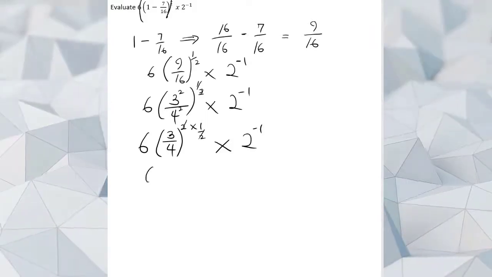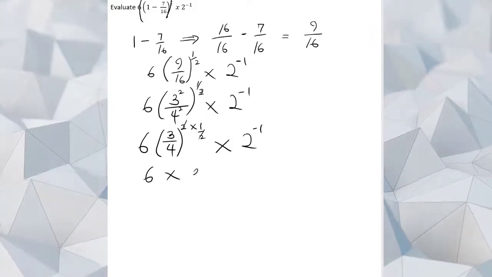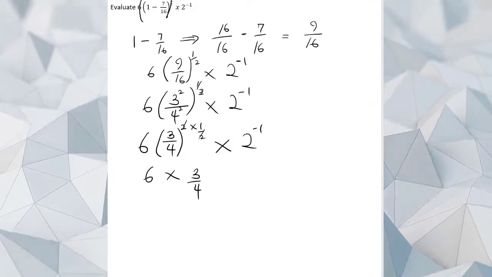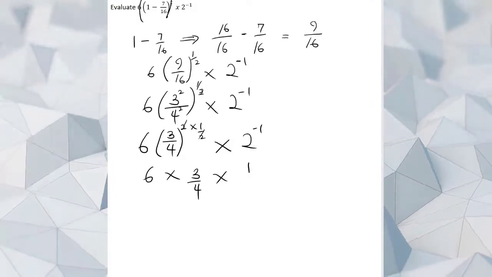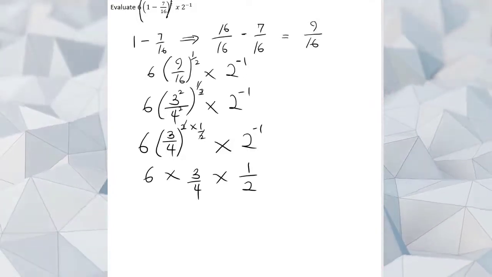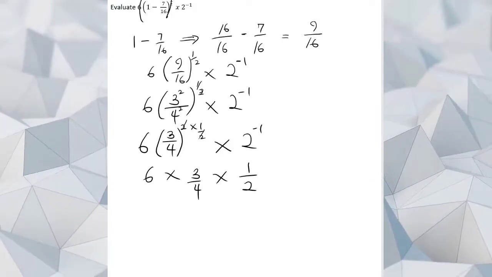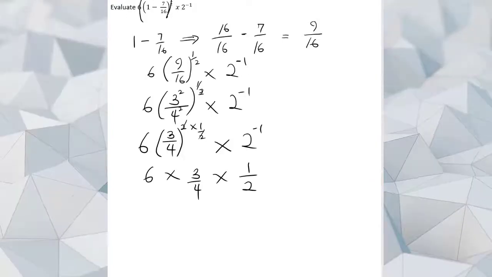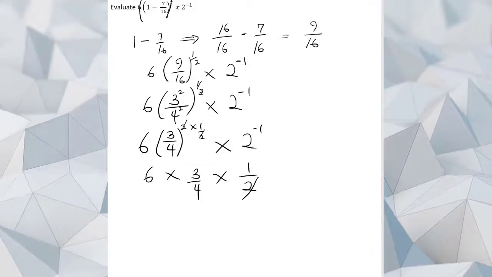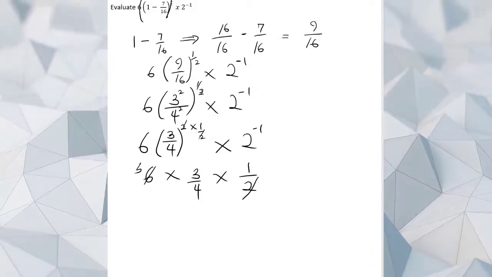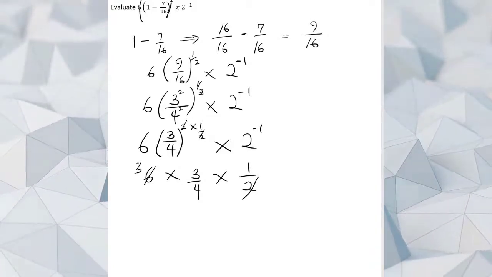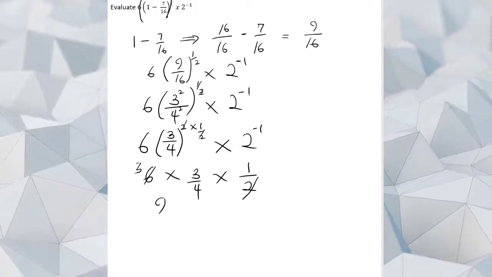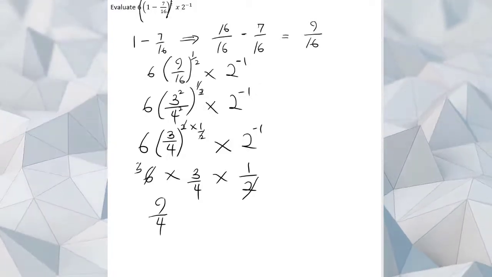So this is going to be 6 times 3 over 4 times 1 over 2. 2 raised to power minus 1 is the same as 1 over 2. So 2 can go into 6 3 times. And this is going to be the same thing as 9 over 4.